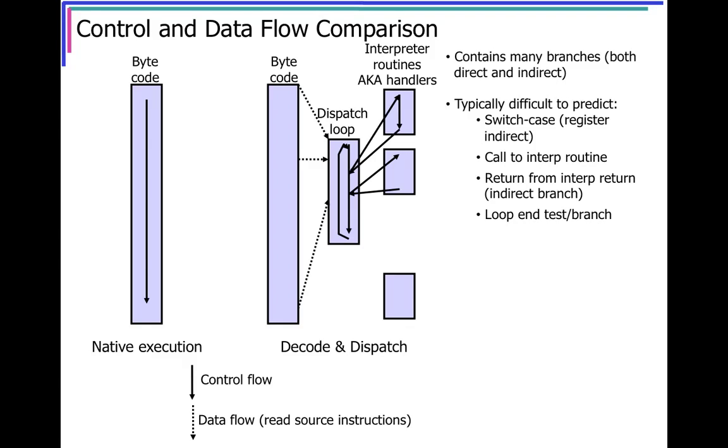Same thing for the return. We don't know where we're returning back to. That's going to be an indirect branch. And in the very end, when we have to loop back around to the interpreter loop, we have to do a conditional test and branch, which is also hard to predict, although easier to predict than the others. Because typically we're going to stay in the loop rather than exit out, because we're only going to exit out when the program is done.